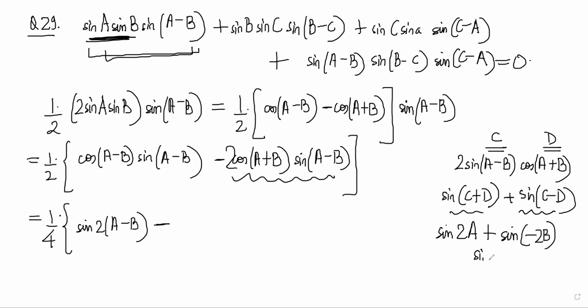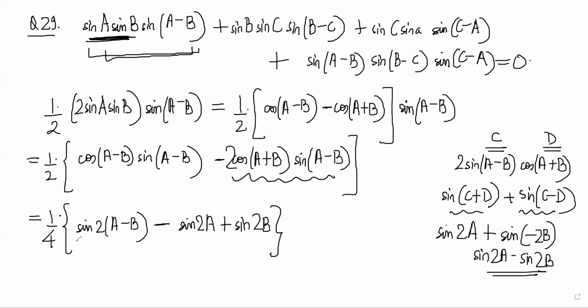So this is same as sine 2A minus sine 2B, right? Yes sir. So we get here minus sine 2A plus sine 2B. This is what we get here.